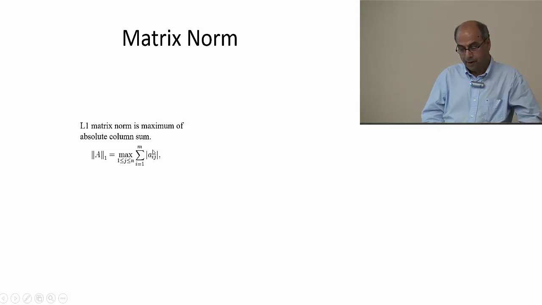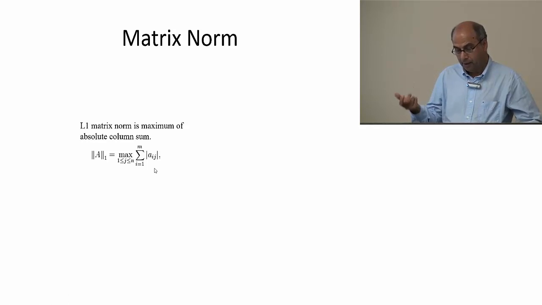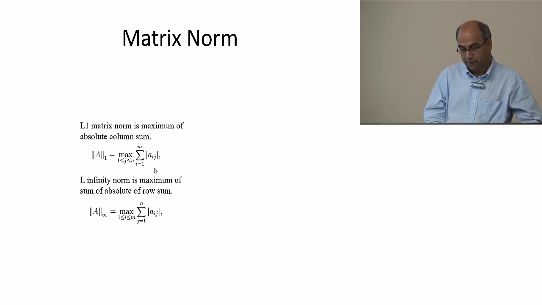Then we take the next column, and we get the value for the next column, and so on. So here, as you see, we're looking at different columns. The column is the second index here, the first index is the row. So we get one value which is the sum of absolute values of all the elements in that particular column, and then we pick the maximum of that. That's called the L1 norm of this matrix.